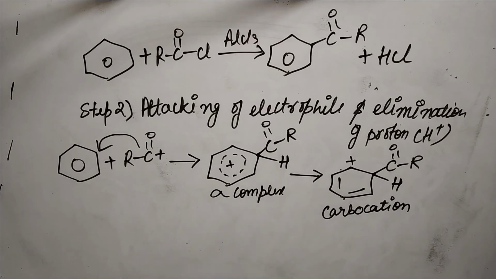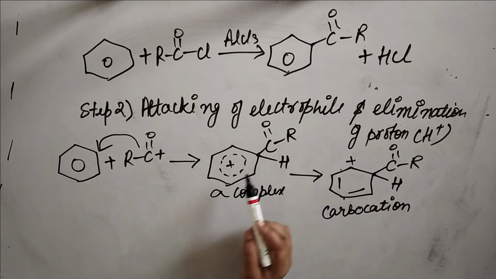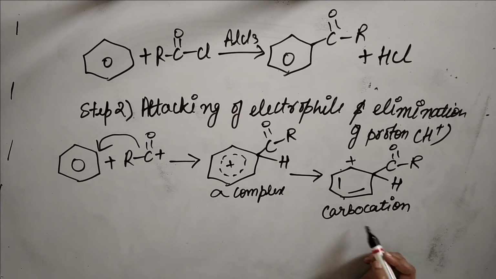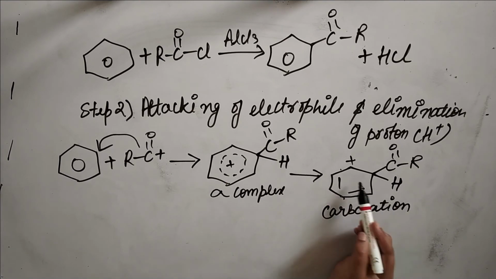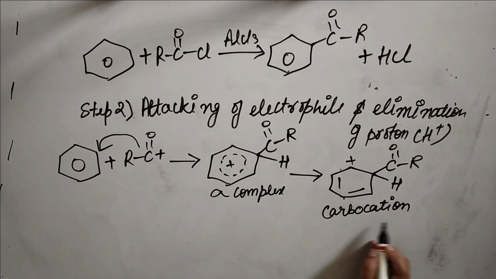Here you can see the sigma complex, and electron deficiency will appear in the ring because the electrons are utilized to form a bond between this C double bond O carbon and this carbon. So again the deficiency on this carbon will appear and it will acquire a positive charge and the carbocation formation will take place.